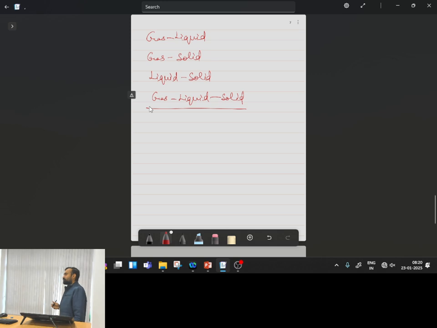Okay. So if I am calling a multi-phase or two-phase flow problem a gas liquid two-phase flow, then in this type of problem, I will always have one phase as liquid and the second phase as gas. Can you give some examples of gas liquid flows?